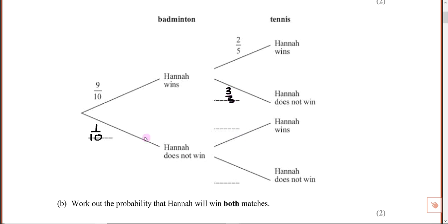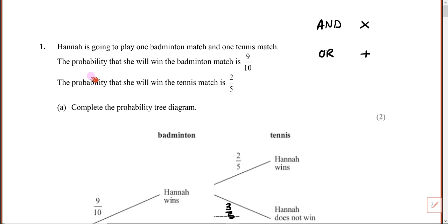Now, does that change depending on what happened in the badminton? No. So I'm just going to check because sometimes it will say, like, if Hannah lost the badminton, she has even less chance of winning the tennis.